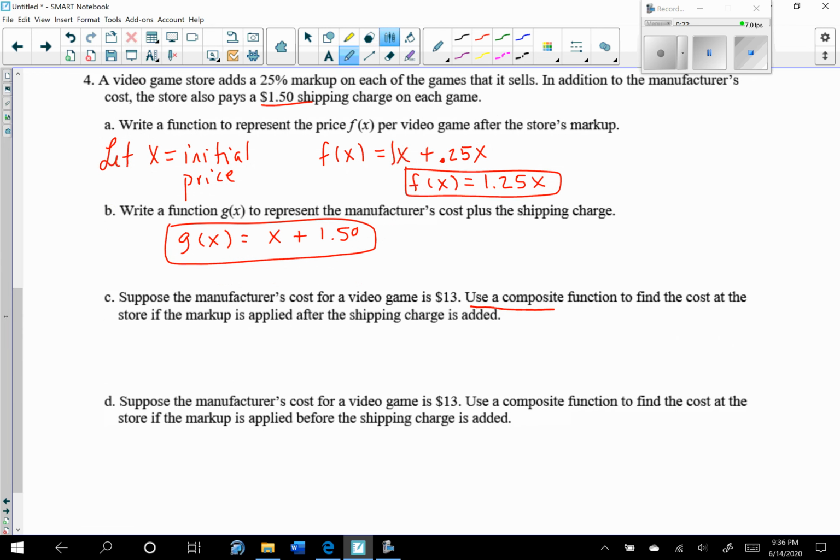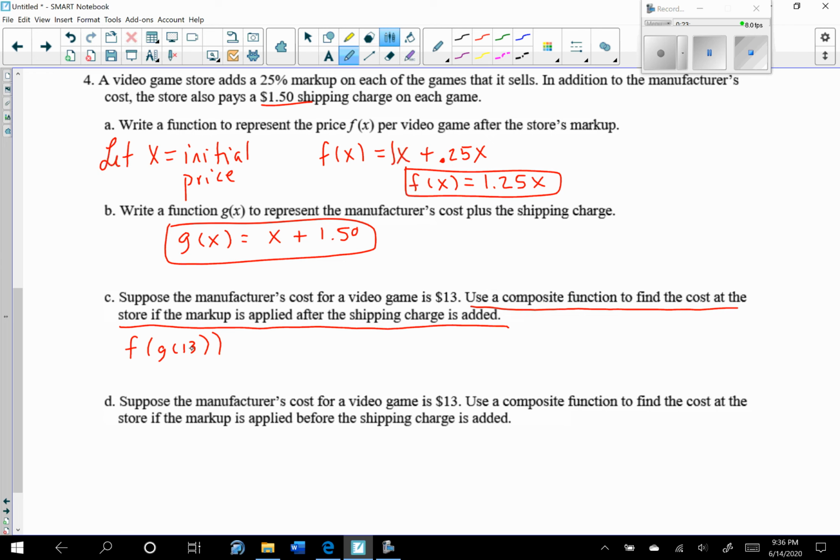Use a composite function to find the cost at the store if the markup is applied after the shipping charge is added.